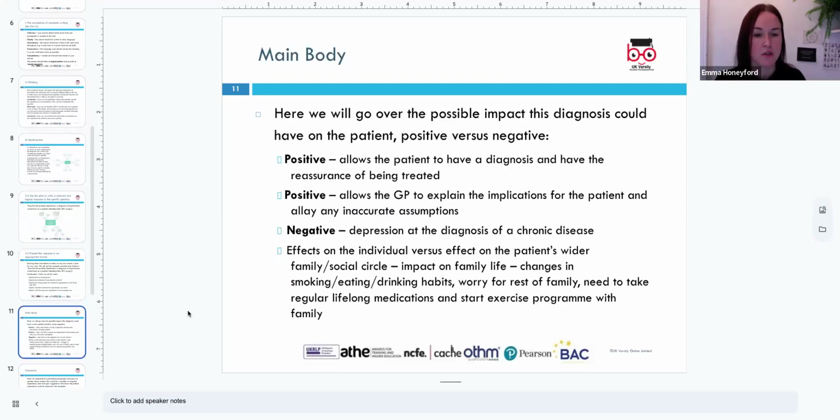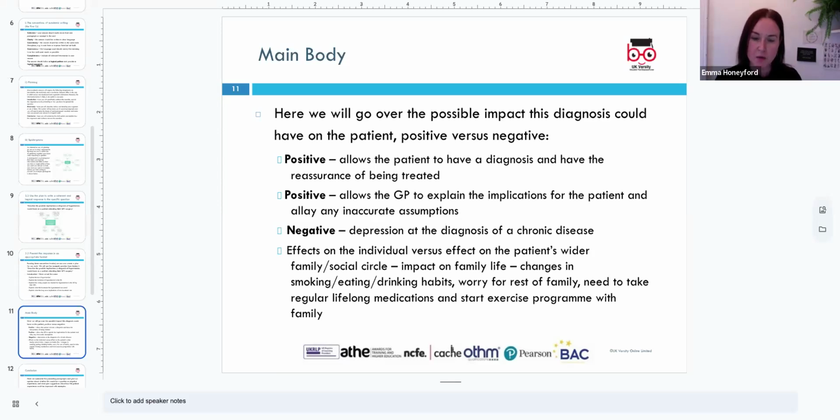So after the introduction, you'll go into the main body. You can go right into the details of the impact the diagnosis could have on the patient. So you have positive versus negative, so you can show both sides. A positive is that it allows the patient to have a diagnosis and the reassurance of being treated.